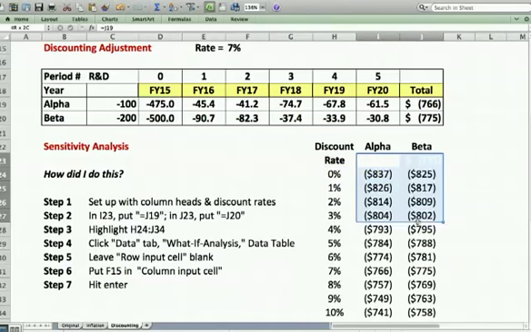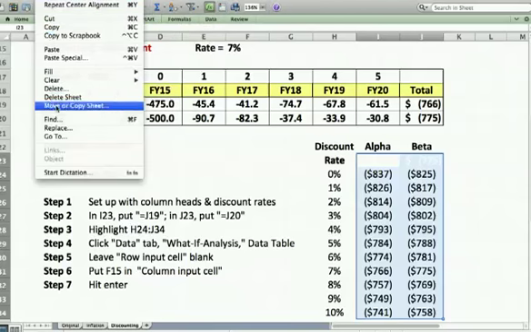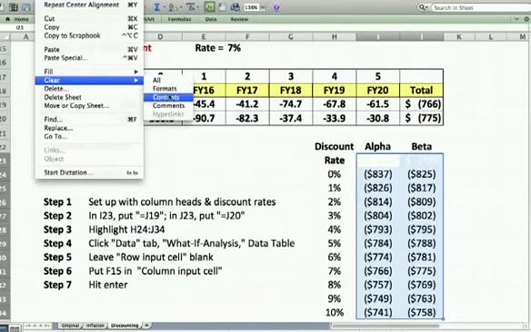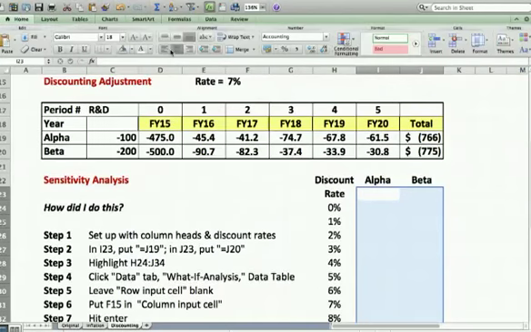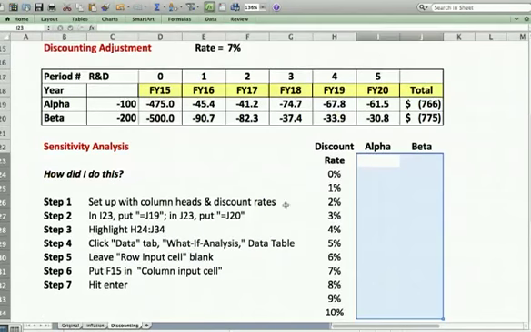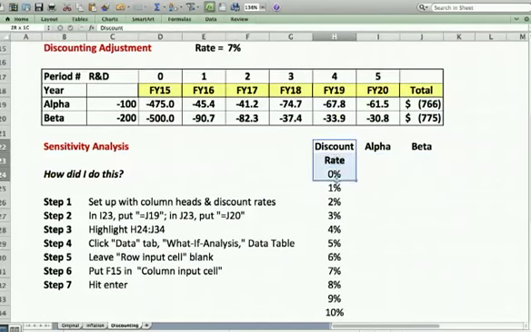Let me clear all the values in those cells there. Let me just show you, although I give you the step-by-step directions there. Let me actually go ahead and show you what I actually did. And so what I did is set up the discount rate, here from 0 to 10% on the left, the alpha, the beta, the headings there.